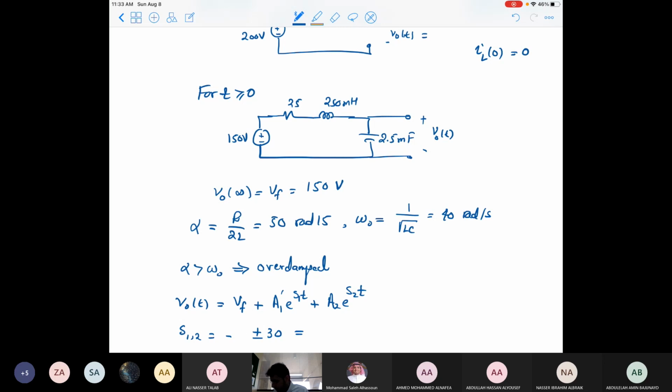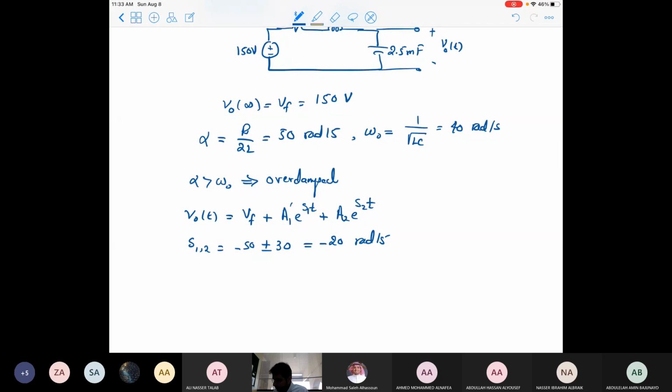Alpha is actually 50. Okay, so we have this one, negative 20, and this one negative 80.